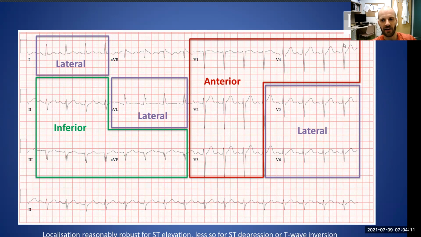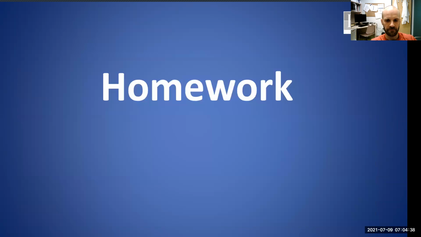Anterior leads, V1 to V4, are generally supplied by the left anterior descending coronary artery. Lateral leads, V5, V6, lead 1, and AVL, are more likely to be supplied by a branch of the circumflex. Those are rough landmarks of the regions of the ECG and the areas of the heart that they reflect.